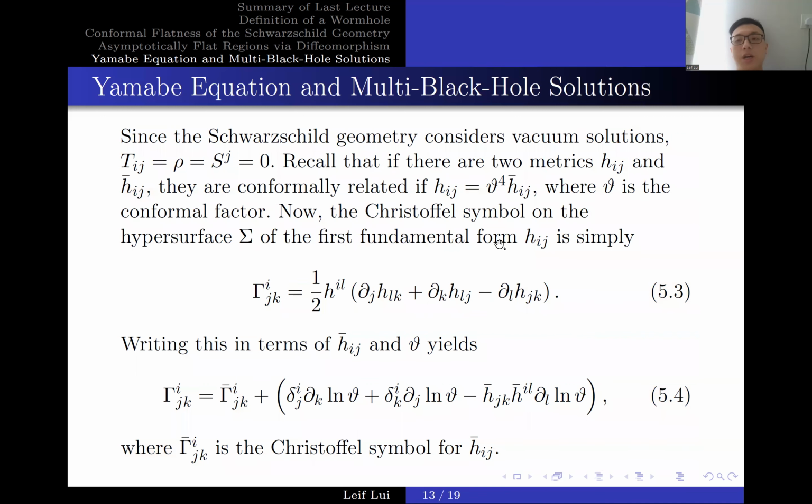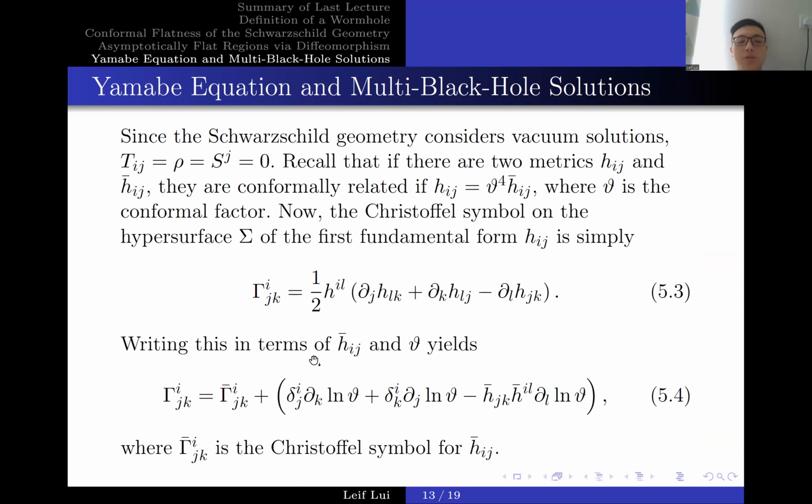This is done by ignoring the time-dependent component and just computing the first fundamental form. So the Christoffel symbol here is similar to the normal Christoffel symbol, but we just replace g_ij with h_ij. So we replace the metric with the first fundamental form.